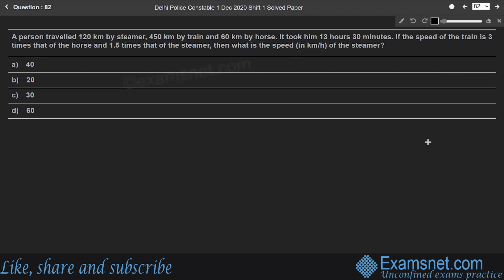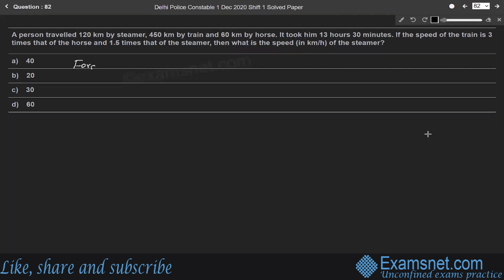So here we are using the formula speed is equal to distance by time. From this, we can easily calculate time if speed and distances are given.